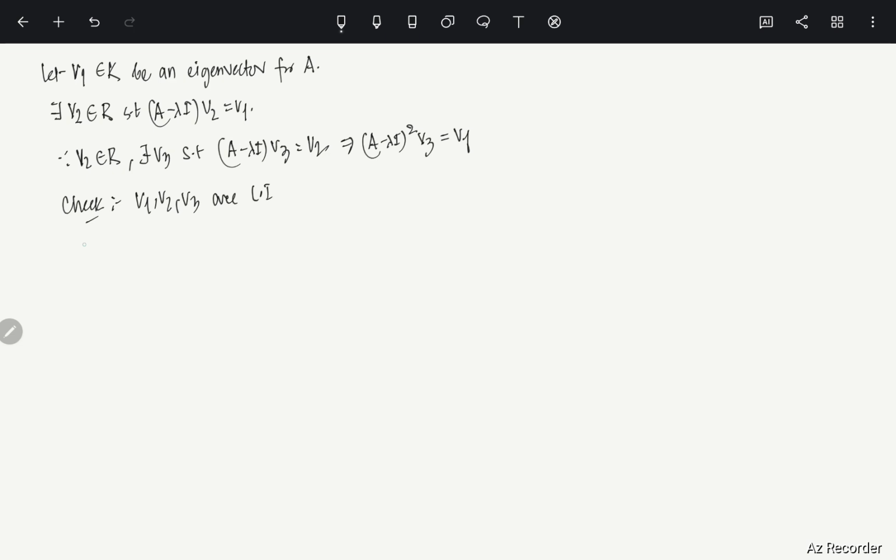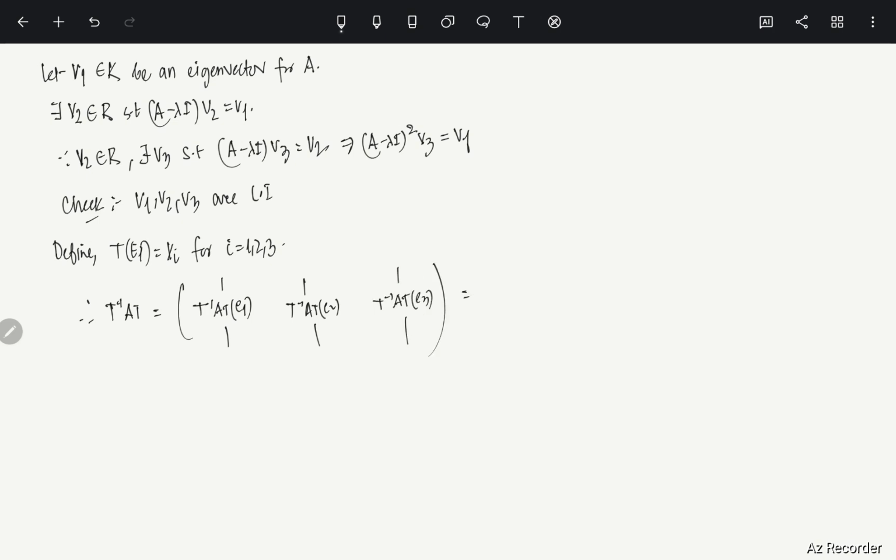So you define your T as T of e_i to be v_i for i equals 1 to 3, and therefore T inverse AT, this again I want you to check. What will this be? The first column is T inverse AT acting at e1, the second column is T inverse AT acting at e2, and the third column is T inverse AT acting at e3.